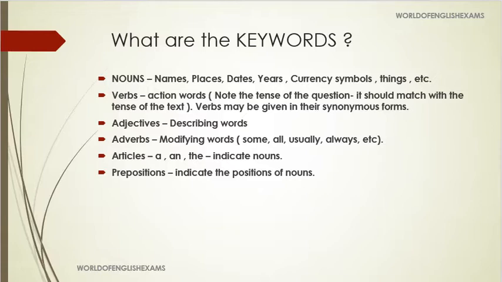However, in addition to nouns, verbs and adjectives, we do have three other very important keywords. What are they? The first one is adverb. What is an adverb? Adverbs are modifying words. Modifying words alter the meaning of the sentence.